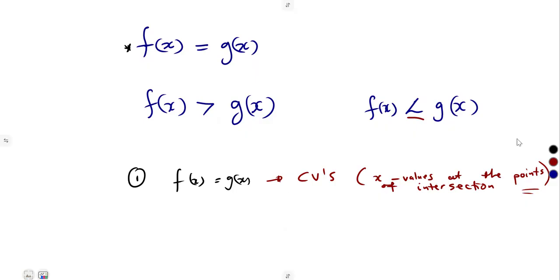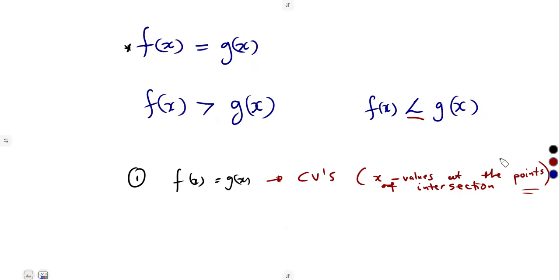In the previous case, remember when we were dealing with f of x greater than 0, our critical values would be what? The x-intercepts. This time, it is what? Intersection. The x values at the point of intersection.